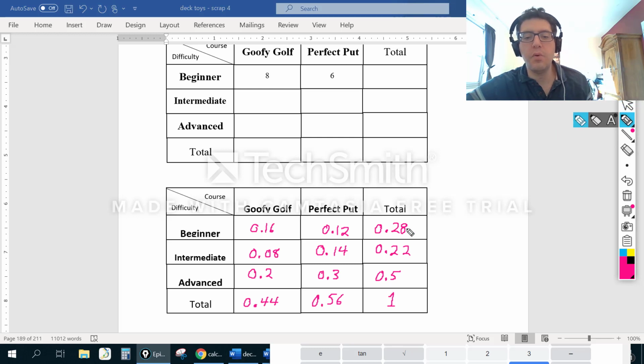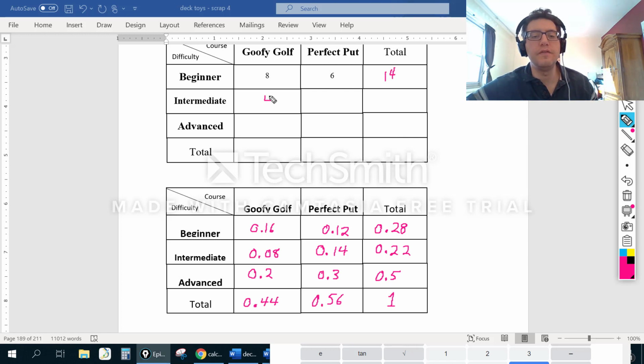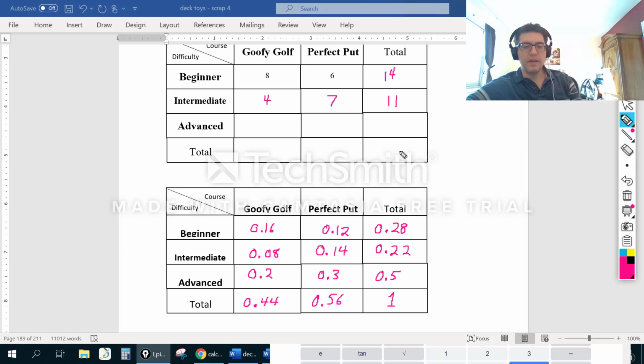All right, so 0.28 times 50 would be 14. 0.08 times 50 would be 4. 0.14 times 50 would be 7. 0.22 times 50 would be 11. Again, over here, 1 times 50 would be 50, right?